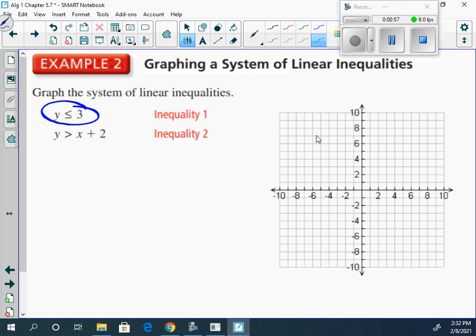So here we have y is less than or equal to 3. So we find the point where y is 3, and draw our line straight across. And because it is equal to, the line is solid. The line is solid when it is equal to, and it is dashed whenever it's just less than or greater than.